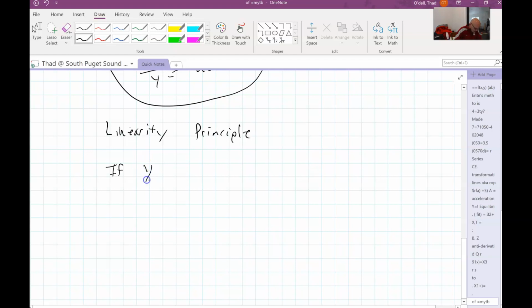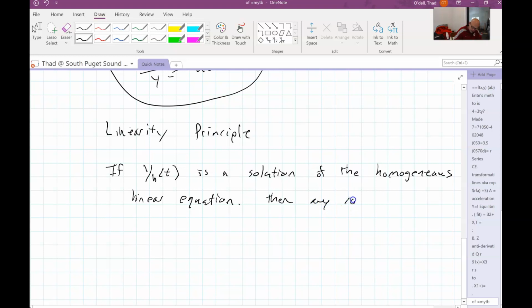If y sub h of t is a solution of the homogeneous linear equation, then any constant multiple is also a solution: K times y sub h of t.